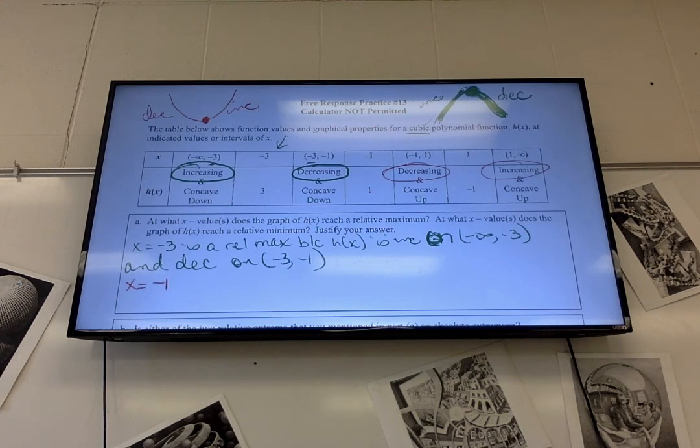Oh, that's the y value. Okay, I'm sorry. It's 1. Yeah, x equals +1 is a relative min, because h of x is decreasing from -1 to 1 and increasing from 1 to infinity.